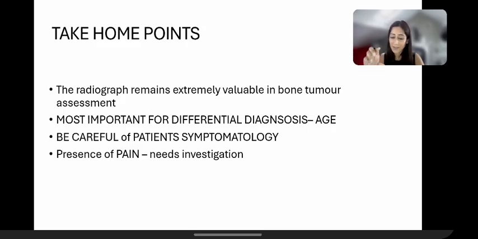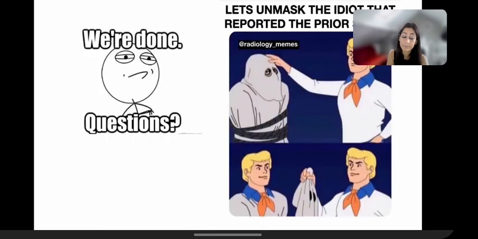Your job is to come up with a sensible short list of two or three differential diagnoses. And always be careful about the patient's symptoms. Do not discharge these patients. If they're complaining of pain, call them back, do repeat imaging, put a needle in, confirm the diagnosis. And the presence of pain should always be investigated. That's it. We're done.